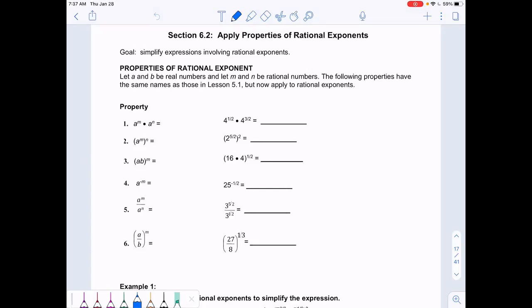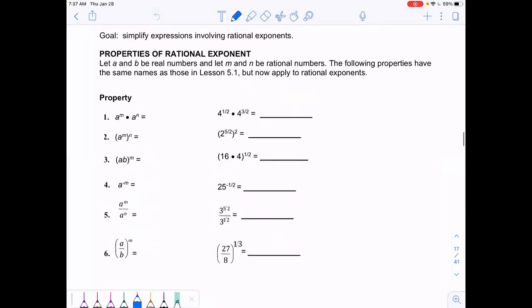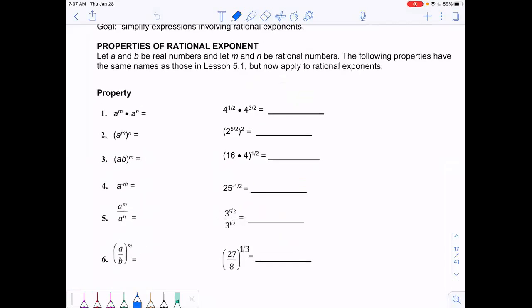So for a rational exponent, the properties say let a and b be real numbers, m and n be rational numbers. The following properties have the same names as those we did in lesson 5.1. Section 5.1 was when we did properties of exponents. The exponents were integers, positive and negative numbers. So we can apply those same properties to rational exponents.